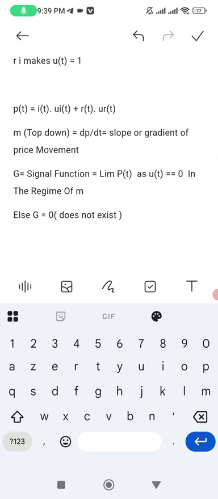So you want to make sure that when you have done your top-down analysis, the overall slope, which is M, or the overall gradient, which is M, is well defined, is either positive or negative. So the monthly should have a positive gradient, the weekly should have a positive gradient, the daily should have a positive gradient, the 4 hours should have a positive gradient.